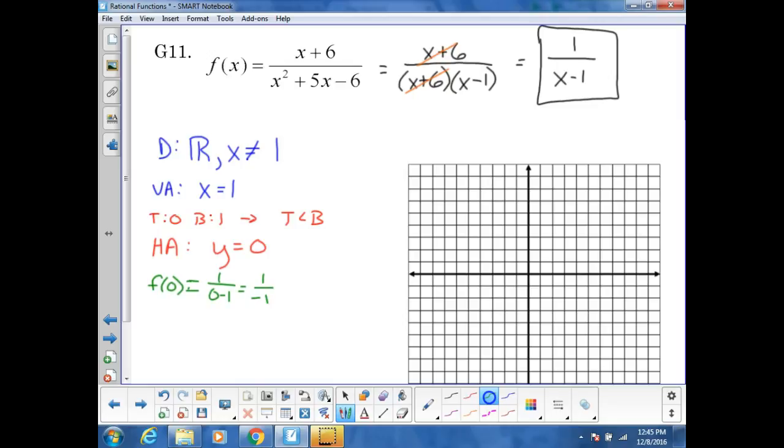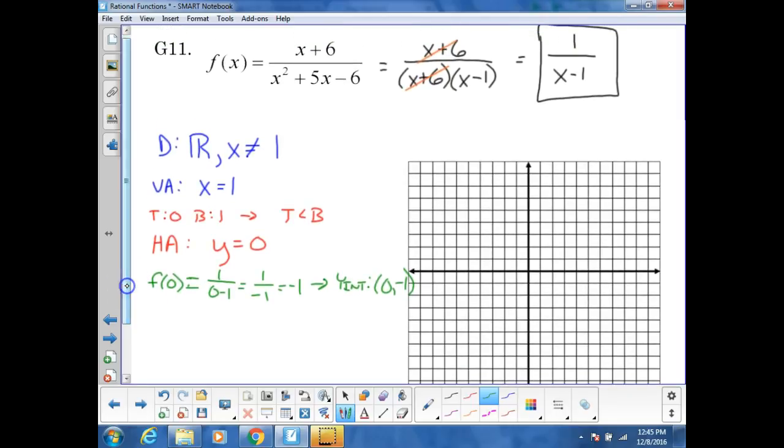That's 1 over negative 1. That's negative 1. So my y-intercept is 0, comma, negative 1. Numerator. Oops. Put the 0 first. 1 equals 0 says x-intercept is none.